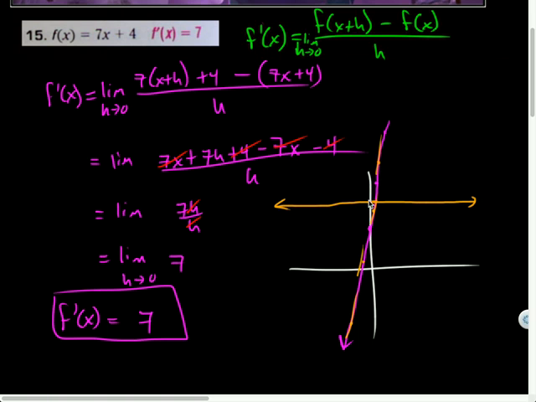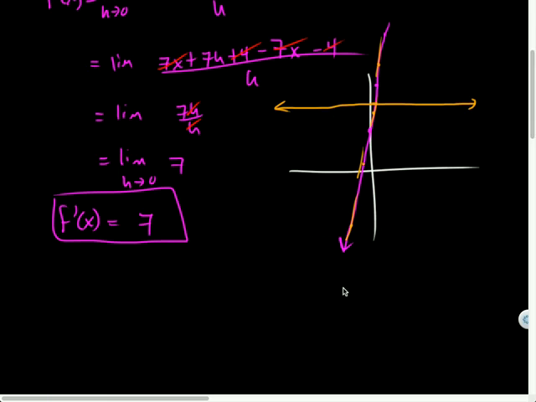Now a question: what if I asked you this? What if g of x was 7x minus 20? What would g prime of x be? 7. Right?